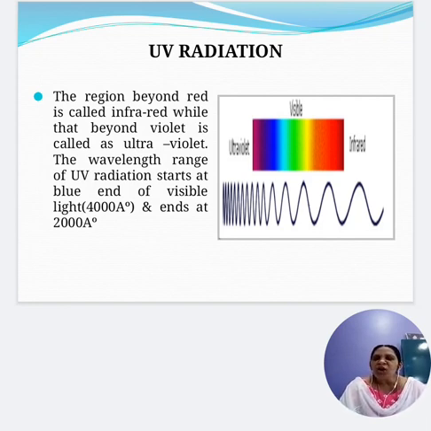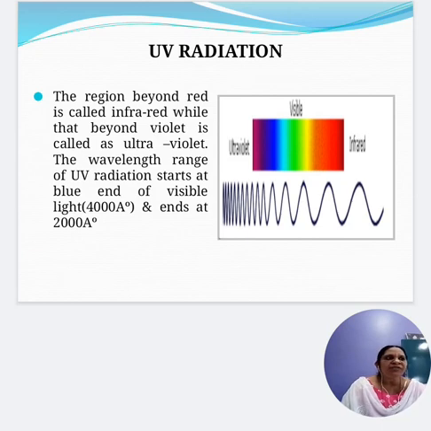The region beyond the red radiation is called the infrared region, while the region beyond violet is called the ultraviolet region. The wavelength range of the UV region starts at the blue end of the visible light, that is 4000 angstroms, and ends at 2000 angstroms.